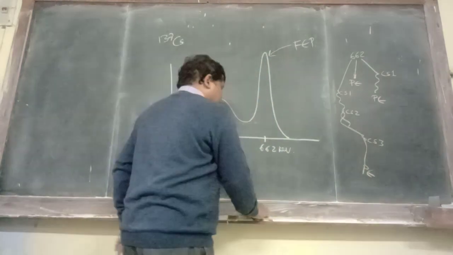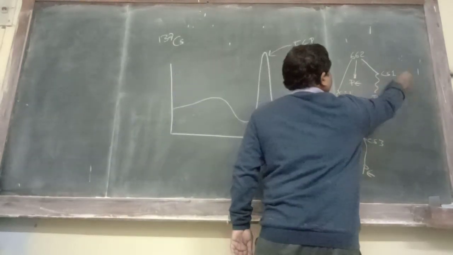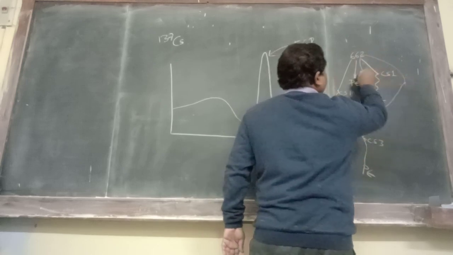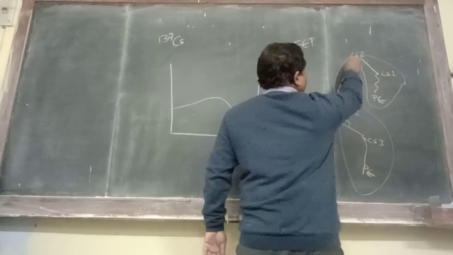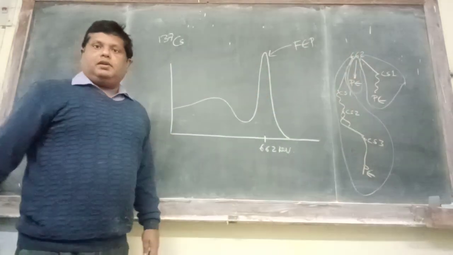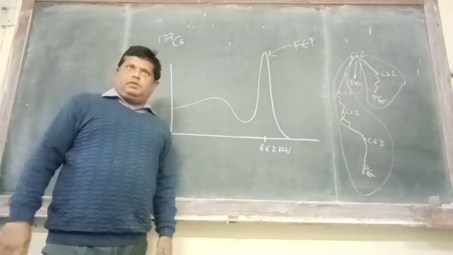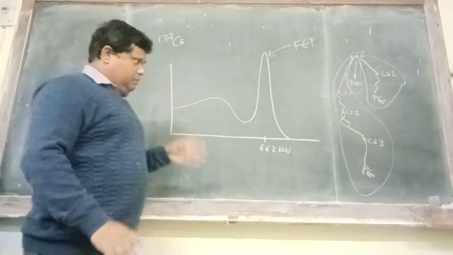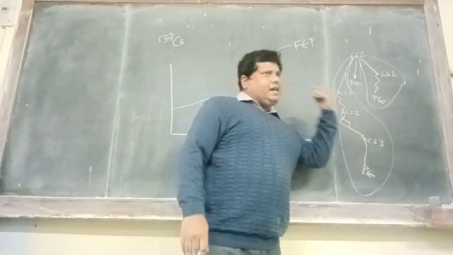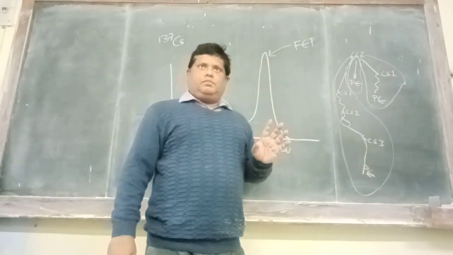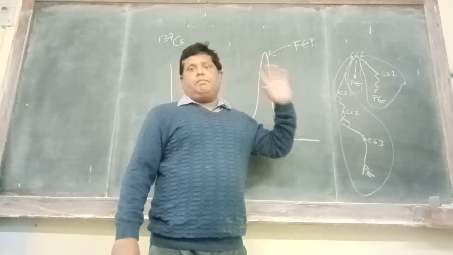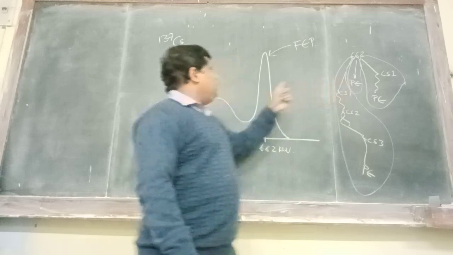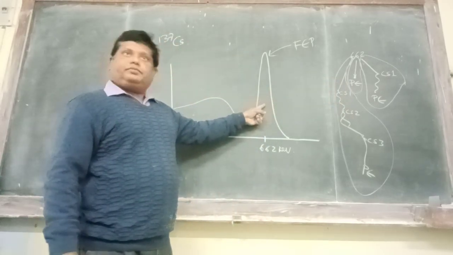So you see, I have shown here possibility 1, possibility 2 and possibility 3. Actually there are so many possibilities. Remember, there can be as many possibilities as possible. But if after all these possibilities energy is completely deposited, then we will have full energy deposition.